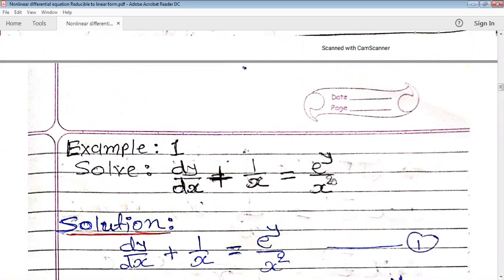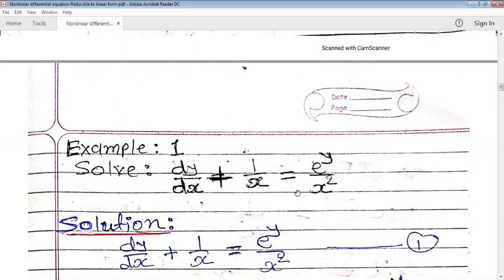But in this question, you have a function of x into a function of y. Here you have two functions, one is 1 upon x square, which is a function of x, and second is e raised to y, which is a function of y. When your right hand side has a function of x into a function of y, then your equation is non-linear. So our given differential equation is non-linear.